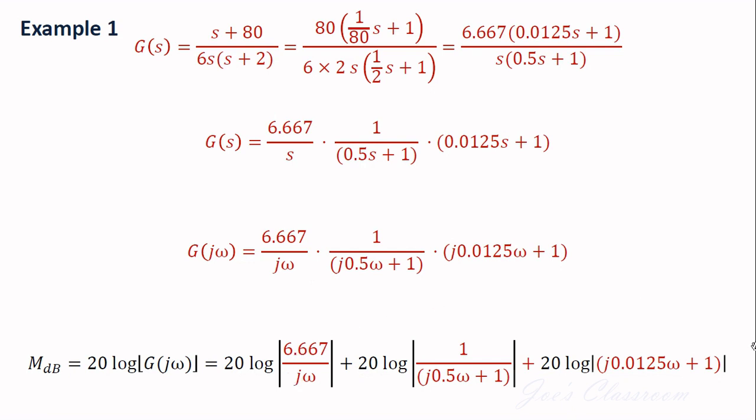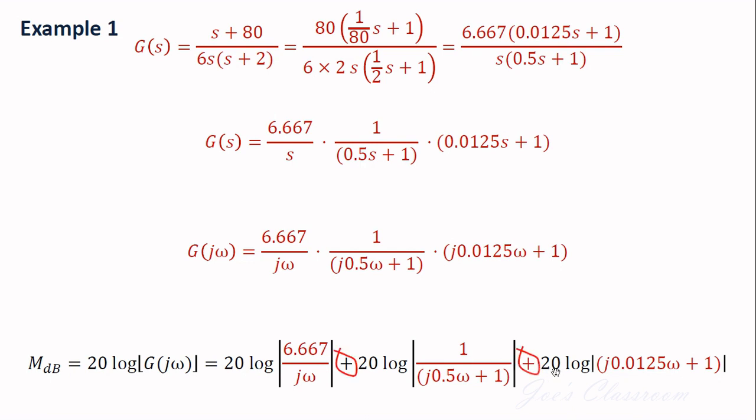So if I could plot this gain in decibels, and this gain also in decibels, and this gain also in decibels, then the total gain of G of j omega in decibels is going to be the addition of these three.